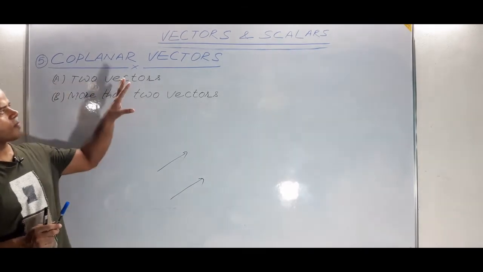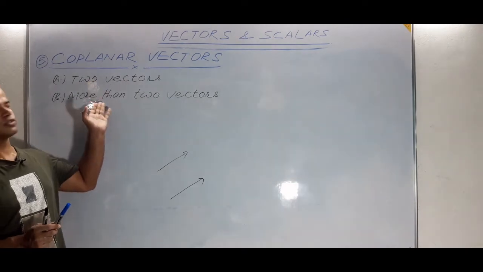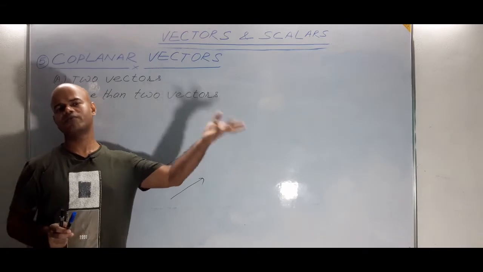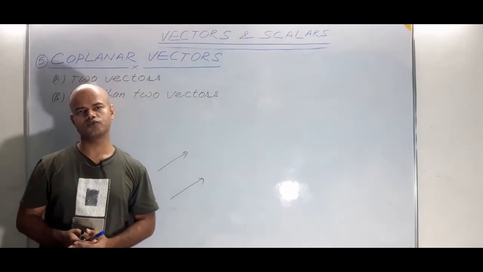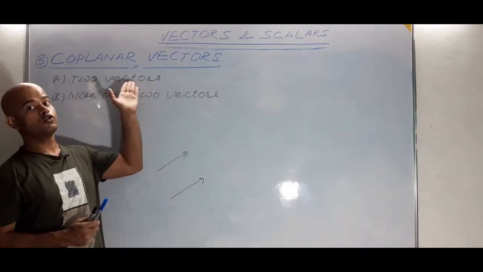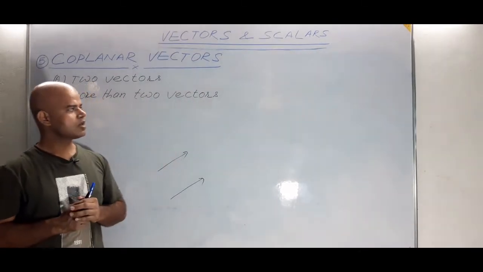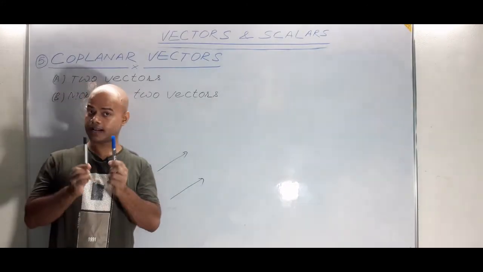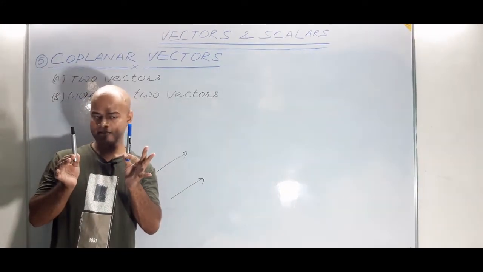Here we'll talk about coplanar vectors under two subheadings. One is for two vectors, another is for more than two vectors, that is 3 vectors, 4 vectors, 5 vectors and so on. Okay. So first of all, I am going to talk about two vectors to be coplanar, right? Now first of all, two vectors can be either parallel, right? This is parallel.